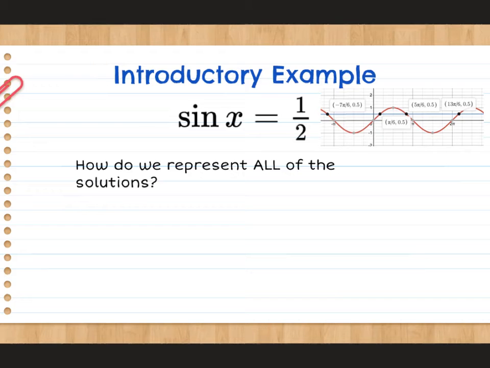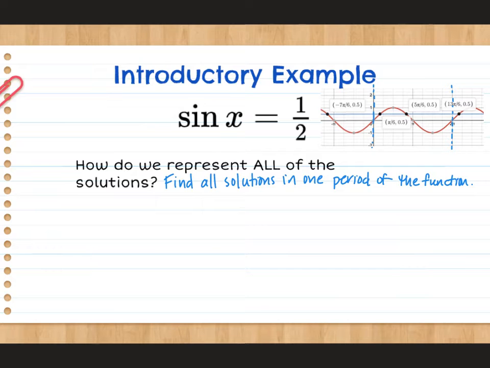So the first thing that we need to do is find all of the solutions in one period of the function. And we know that a period of the sine function goes from 0 to 2 pi.